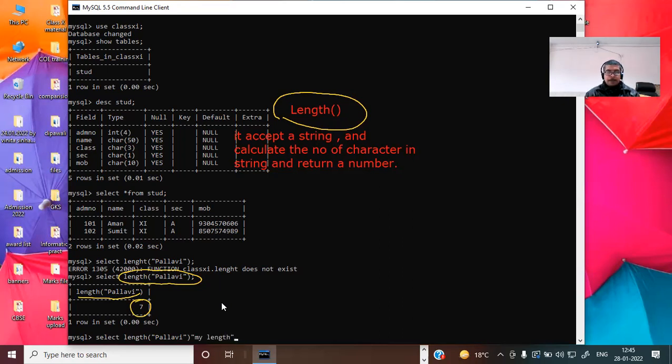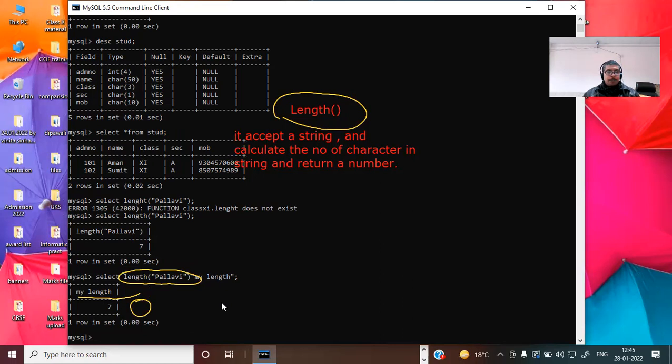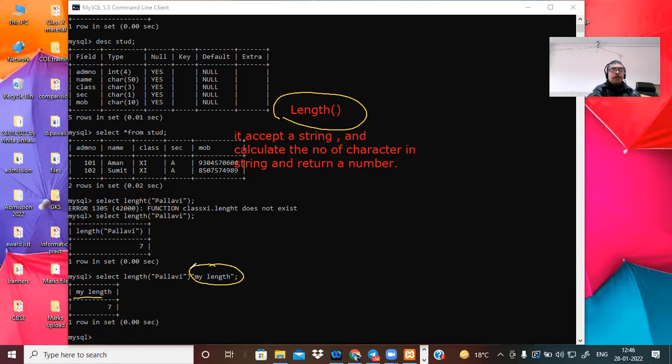You can see now it has been replaced by my length. You can see here, it is my length, since I have specified it to be displayed. I hope the length function is clear to you.